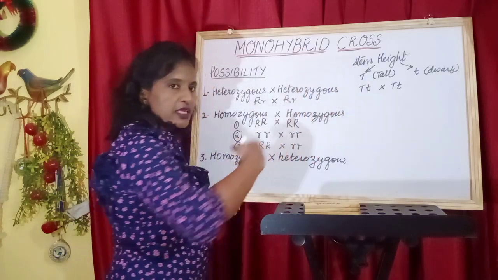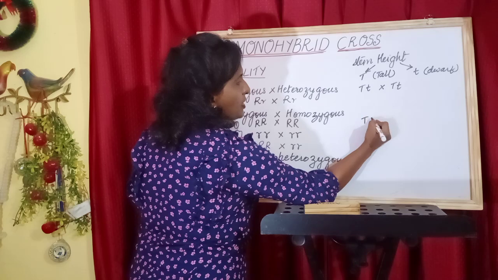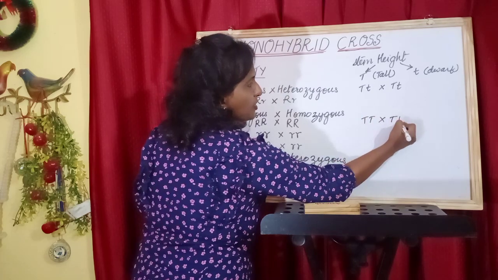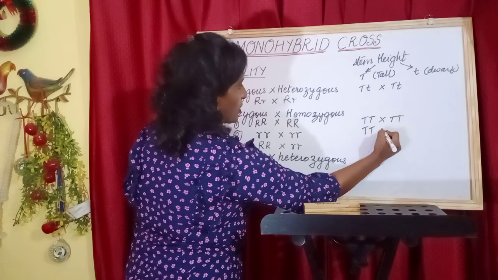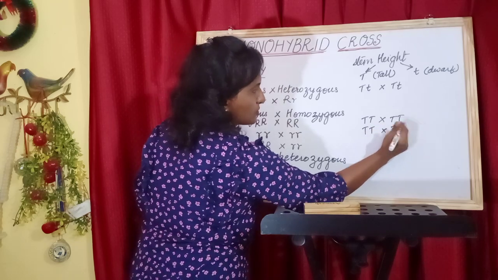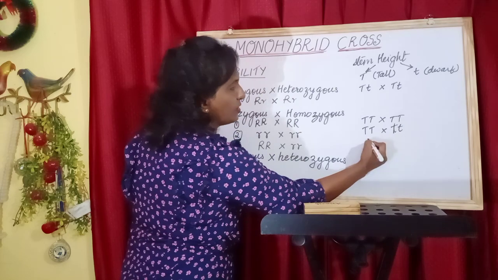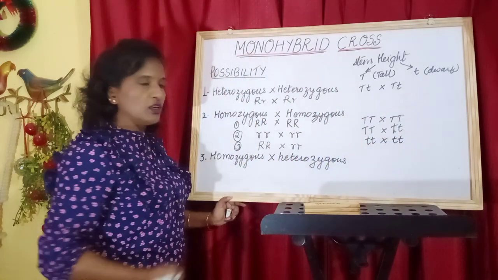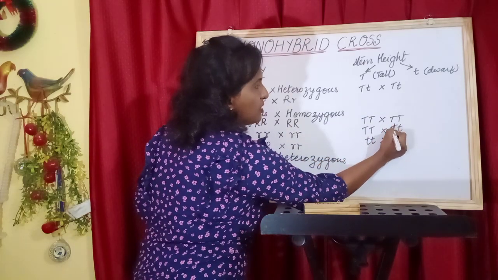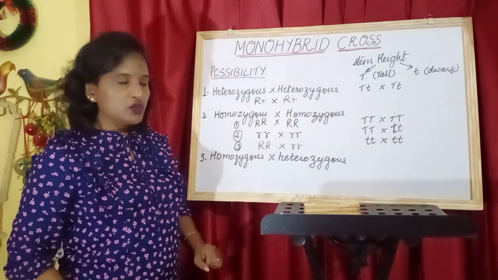So the same, if I take it here, it will be capital T crossed with capital T, capital T crossed with small t, or small t crossed with small t. So everywhere you see those are homozygous crossed with homozygous.